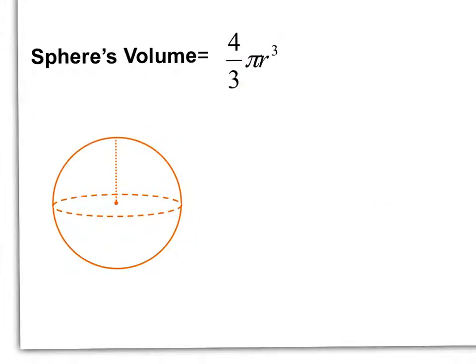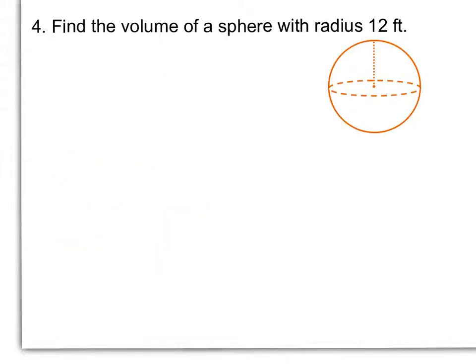The sphere's volume is found by 4/3 pi times the radius cubed. Again, radius of our sphere is from the center to the edge of the circle. In number 4, we want to find the volume of a sphere with a radius of 12 feet. So here's our radius. Volume of a sphere is 4/3 times pi times radius cubed, so 12 to the third.